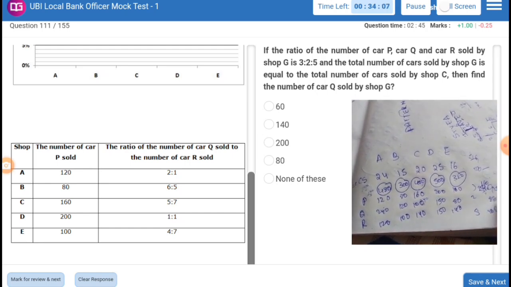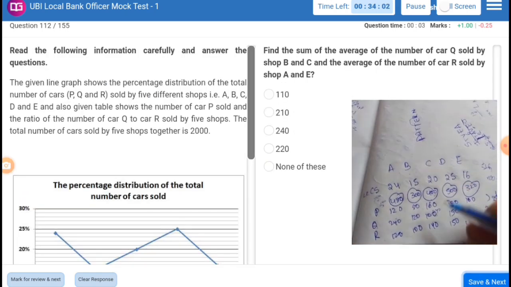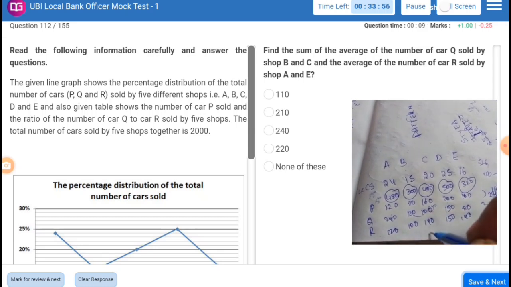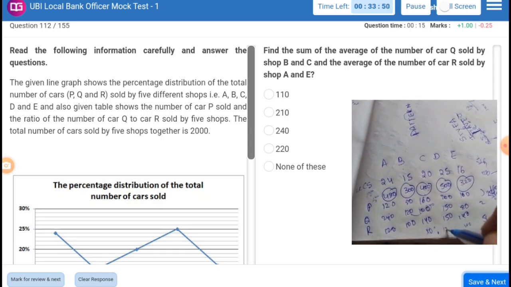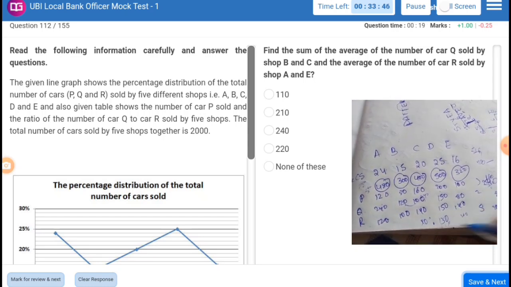Q of G is 80. The sum of the average number of Q sold B and C, 110, or A and E, 130. So 240.